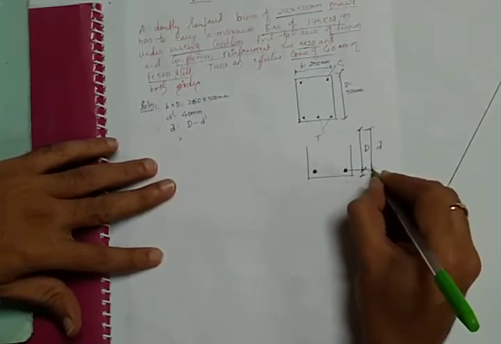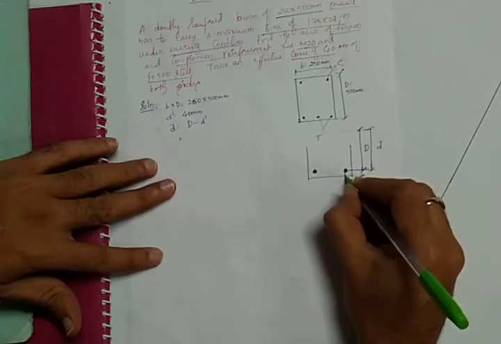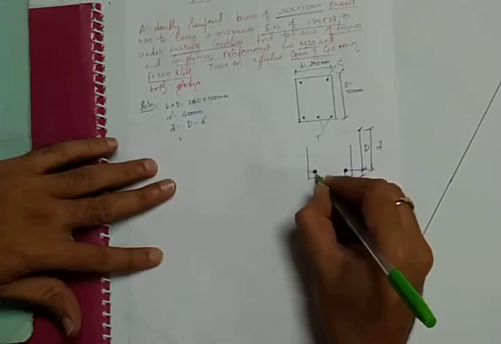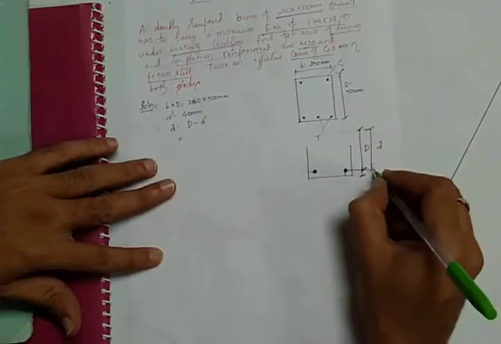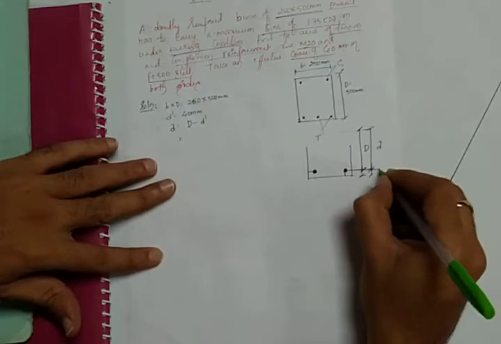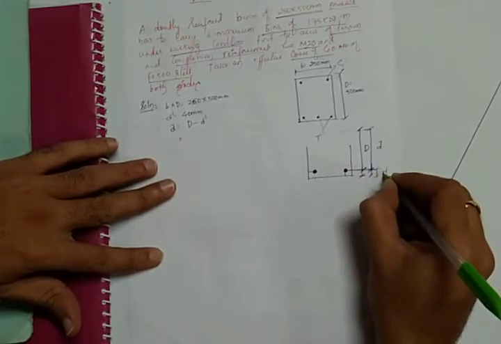The distance from the center of the reinforcement to the bottom, or any side, whether the top or anywhere, we call d dash.